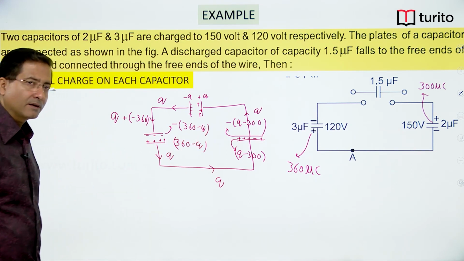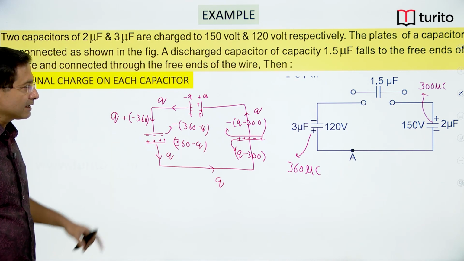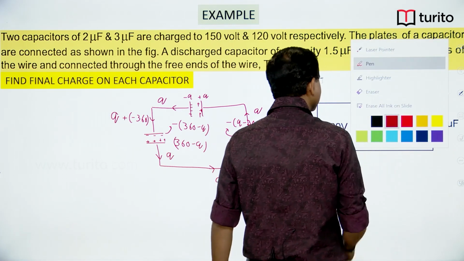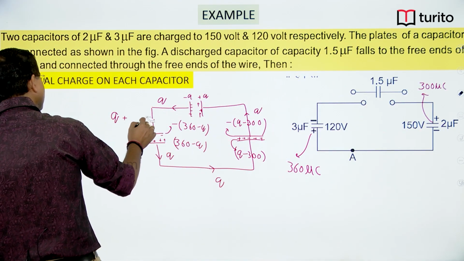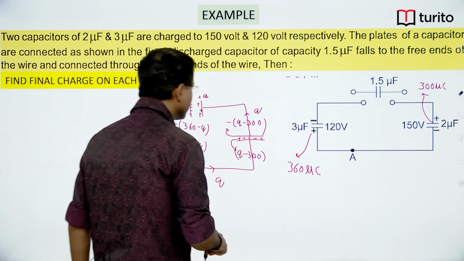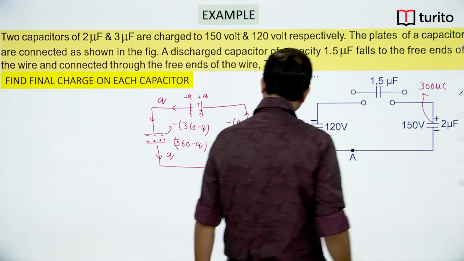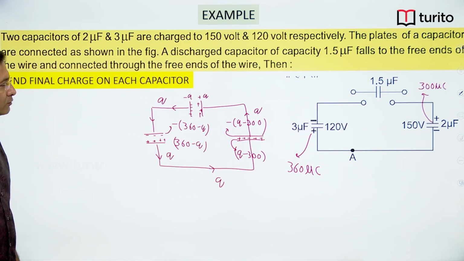Now it looks better as compared to this one. I will write it this way: facing surfaces are carrying equal and opposite charge. Now let us apply Kirchhoff's law to get the value of Q.